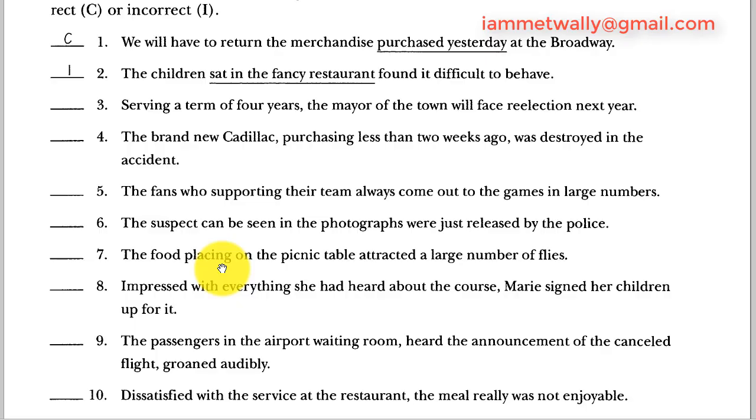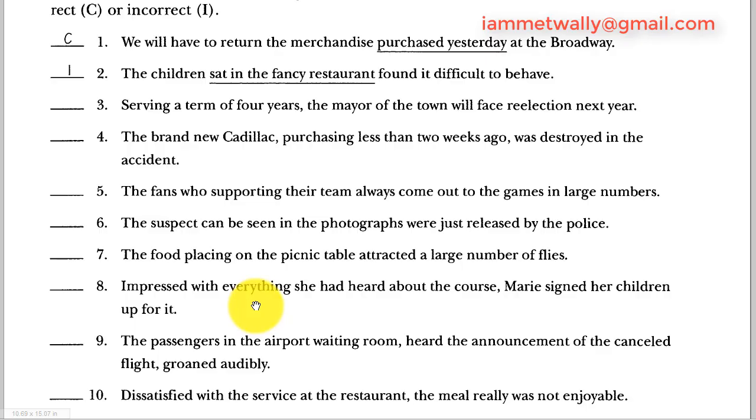So you use the third form of the verb, not the ing form here, because of the meaning. The meaning doesn't go like that. So I reduced "which" here, so it should have been "the food which was placed." This is the original sentence: the food which was placed on the picnic table attracted a large number of flies. And then I remove "which" and I remove "was," so it should be "the food placed," like that. So 7 is incorrect.